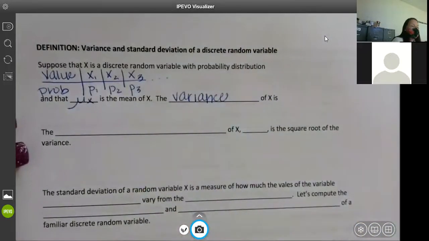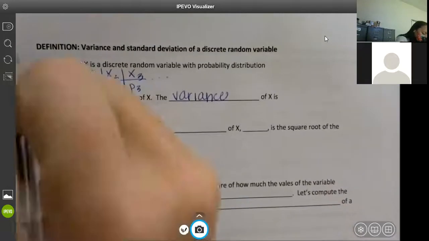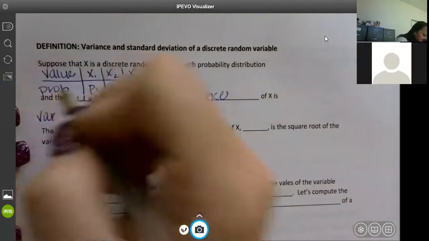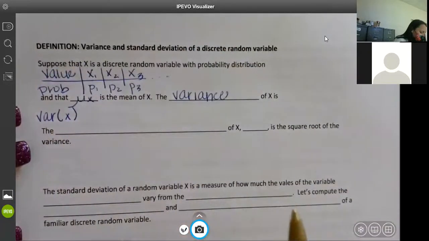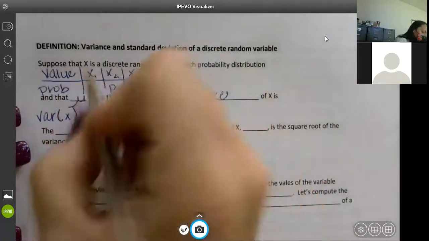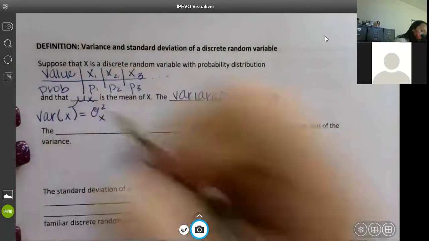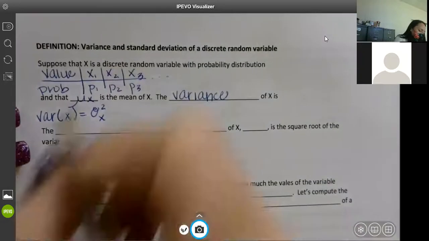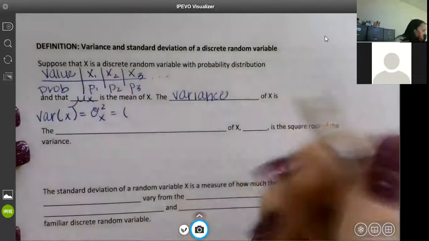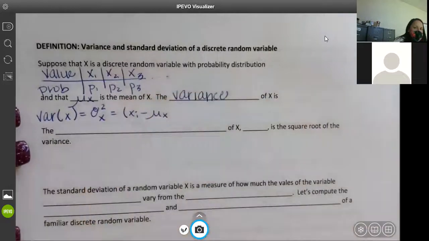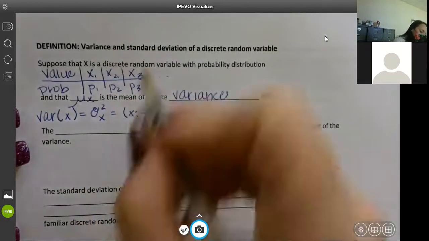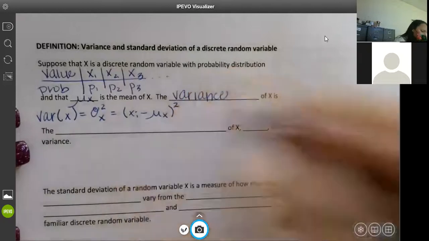Then the variance of x is, this is the crappiest formula in the world. Remember, there's a different way to do it. I just want to show you by hand first. So the variance of x, or the standard deviation squared, is when you take the observation, so x sub i minus the mean, and you square it.